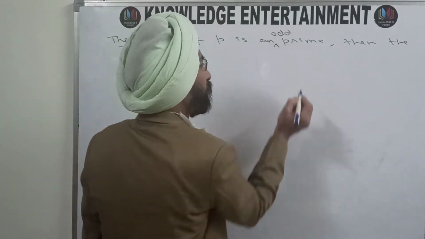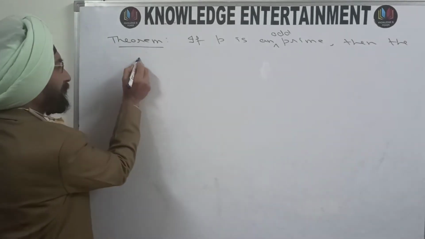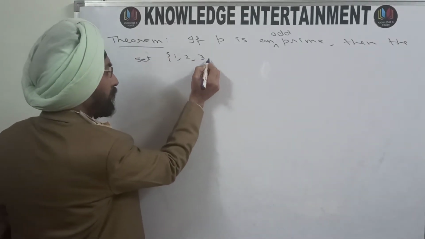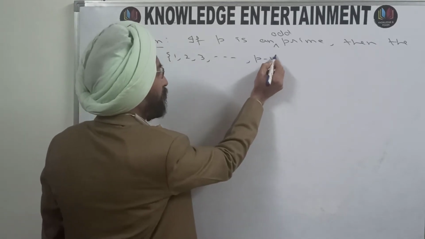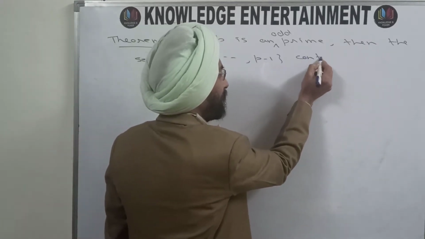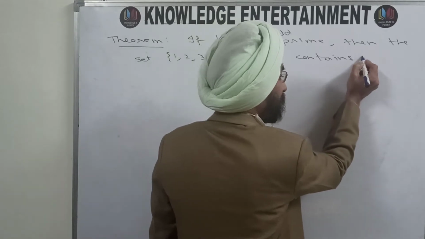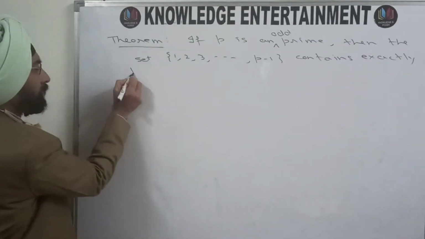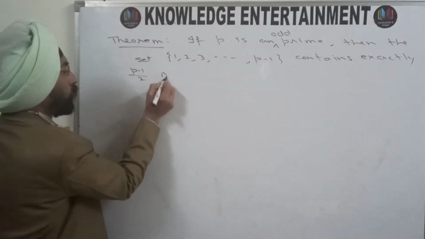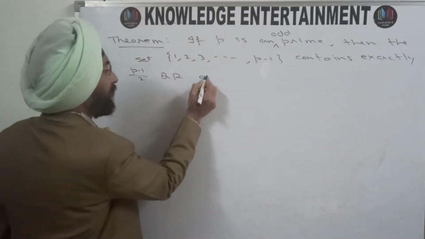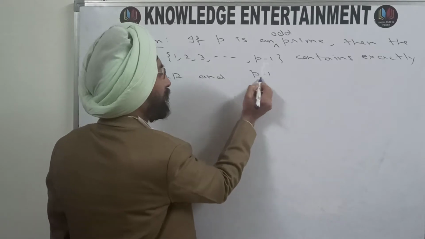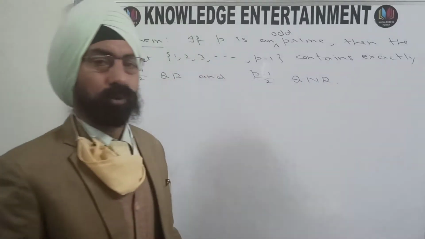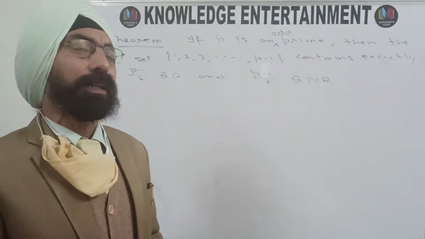If P is an odd prime, then the set 1, 2, 3 and so on up to P minus 1 contains exactly P minus 1 by 2 quadratic residues and P minus 1 by 2 quadratic non-residues. So this is the basic thing.